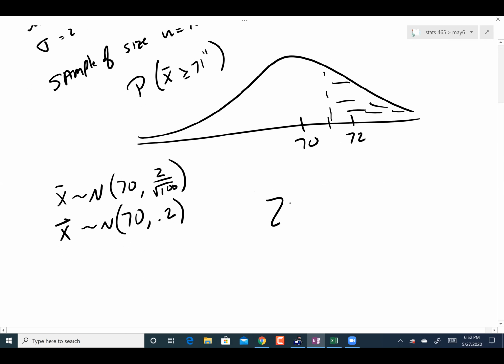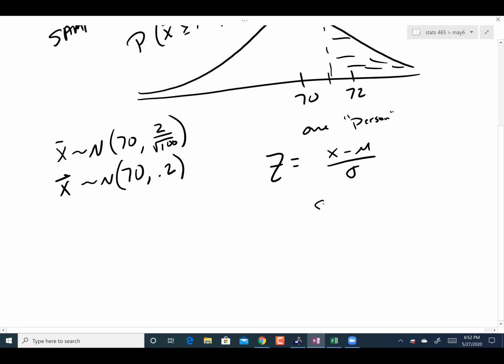Meaning that now if I make a z-score, watch carefully, it changes a little bit. So for one person, it would be x minus mu over sigma.